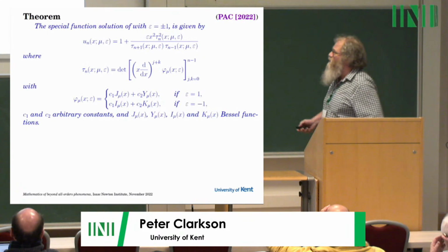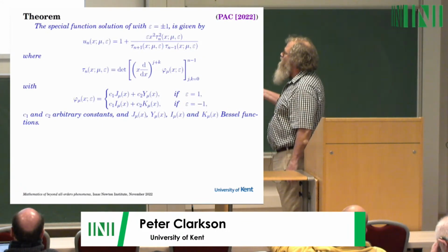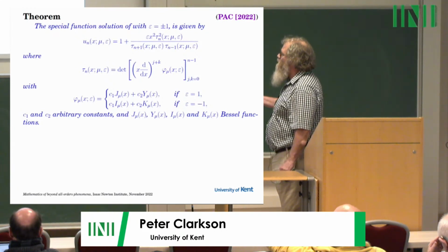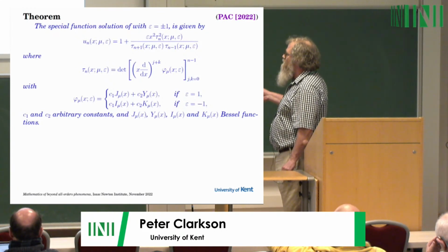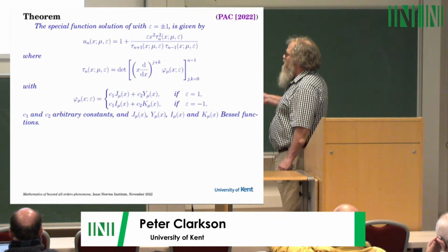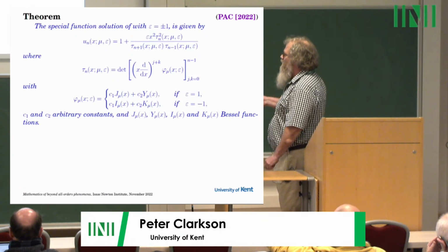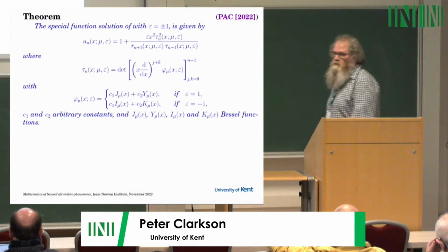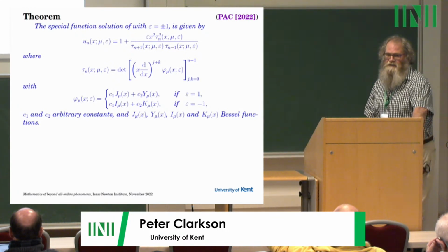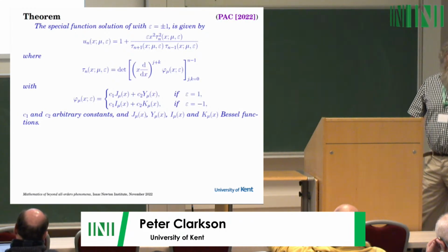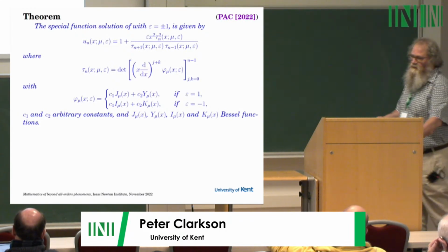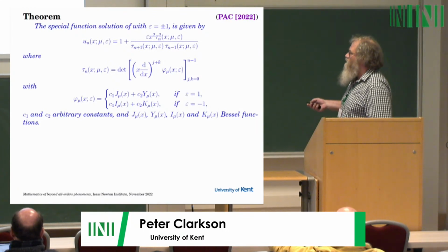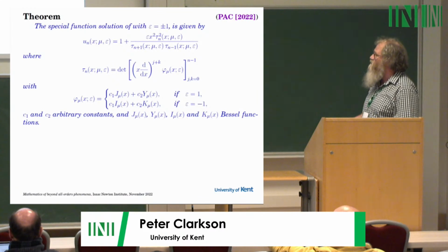You can write the explicit special function solution in terms of this determinant, where you've got this operator x d/dx, and phi sub mu is in terms of Bessel functions. It depends on the choice of epsilon, which is why I decided not to specify what the gamma was, because you get different types of Bessel function in these different cases.